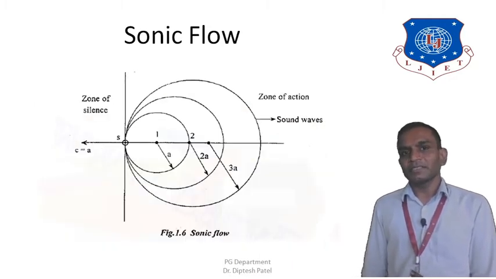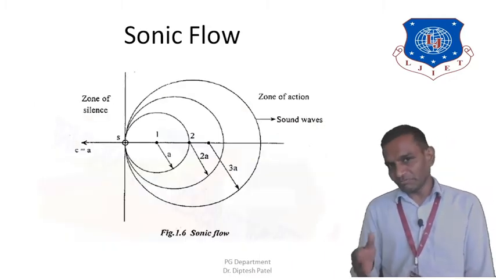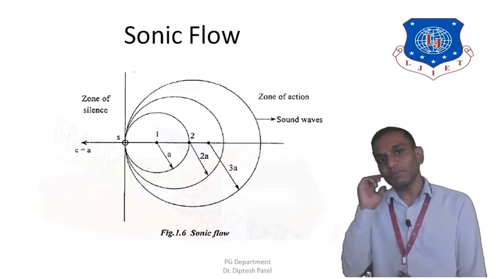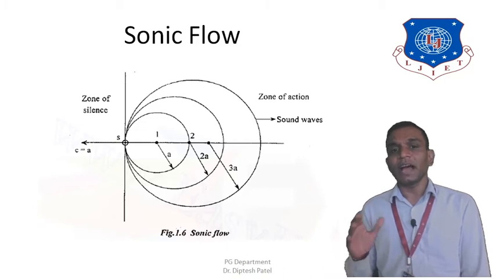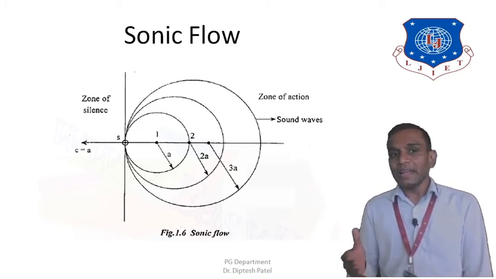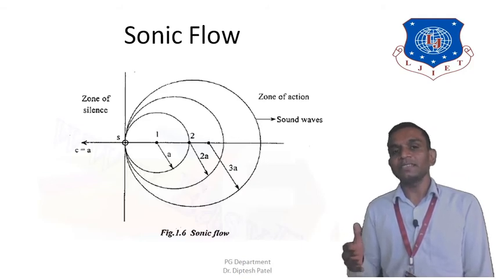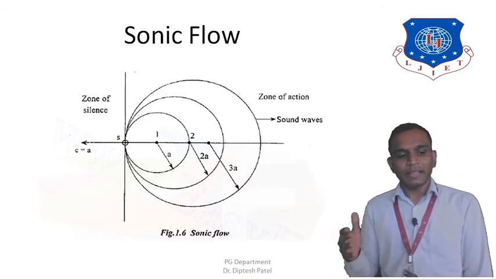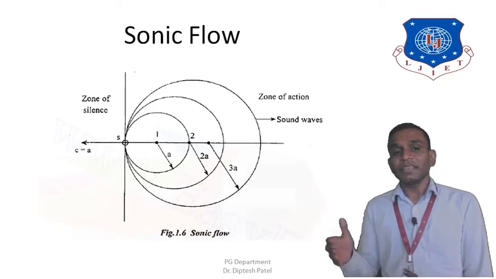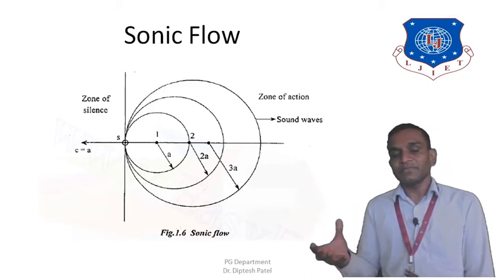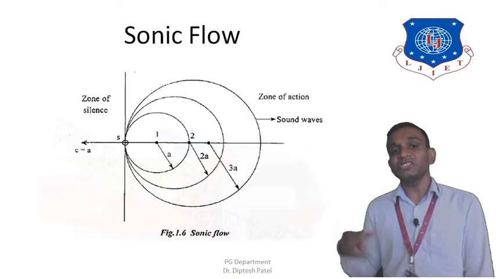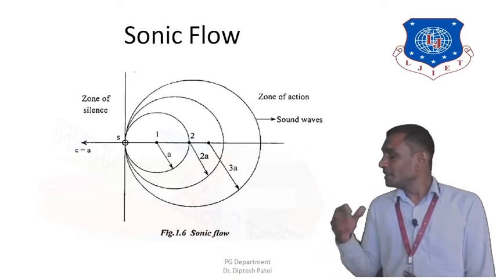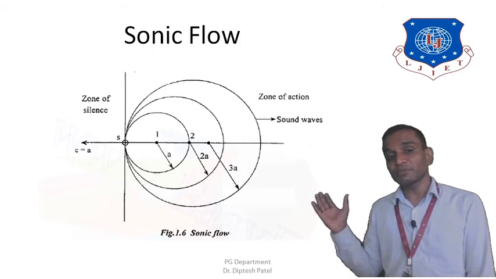Then after that, the sonic flow region. We have already discussed the sonic flow region. In sonic flow, the velocity of the source of disturbance and the velocity of sound are equal, and therefore the waves which have been generated from the source of disturbance are initiated from the point of source of disturbance.